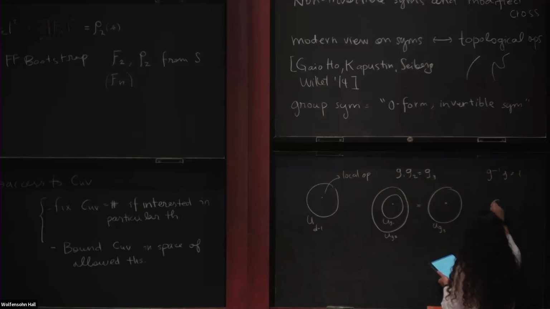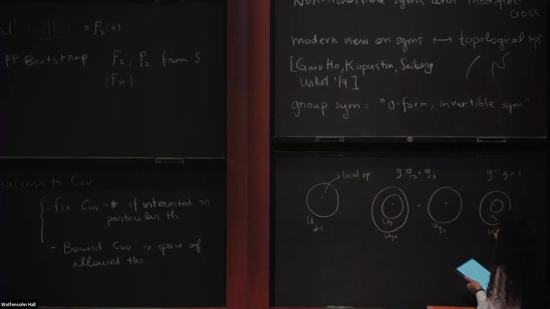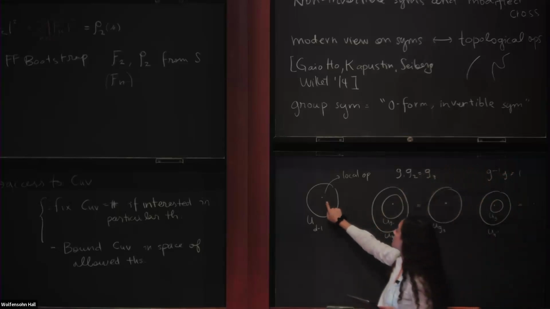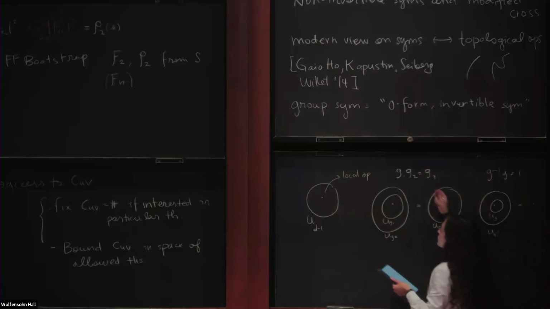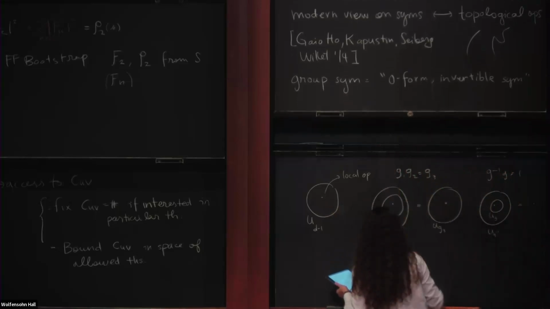So basically, you can undo whatever you were doing before. So the group symmetry is called zero-form because it acts on local operators, and invertible because there is an inverse. So what other things can you get?